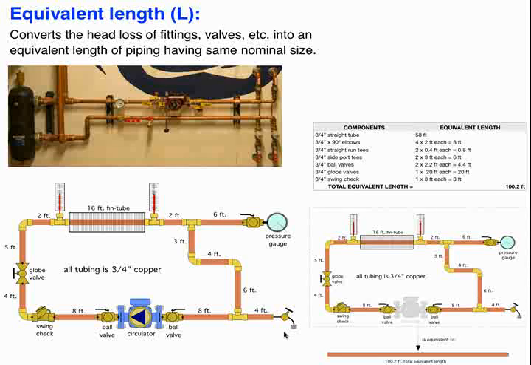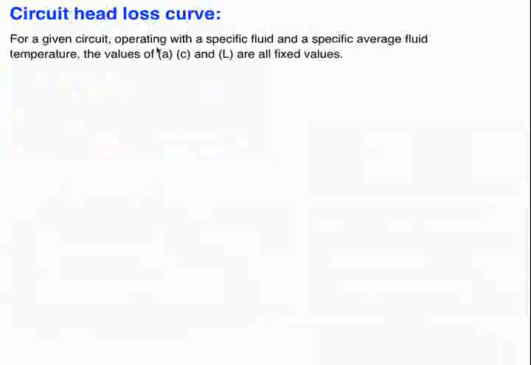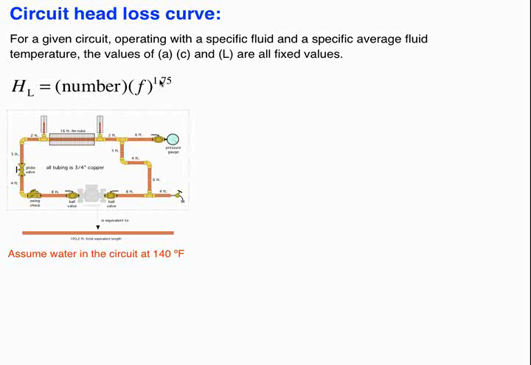Okay? Now, once we have these numbers, we have the A value, or what I've called alpha, the C value, and the total equivalent length, we just multiply those three together because that just becomes a number. And I'll show you an example of this. That number gets multiplied by the flow rate raised to the 1.75 power.